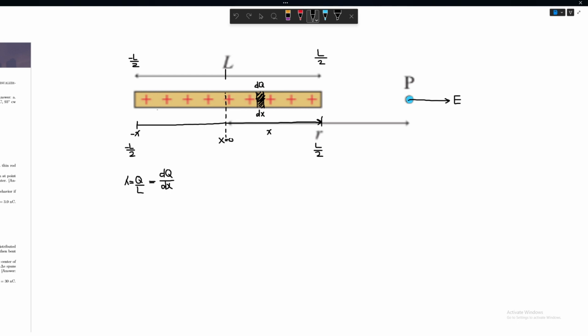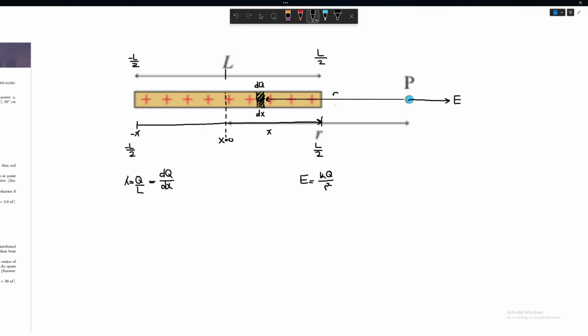It's just density. And since this equals lambda, before I rearrange this, let's go to the electric field equation. My electric field equation says E equals kQ over r squared.